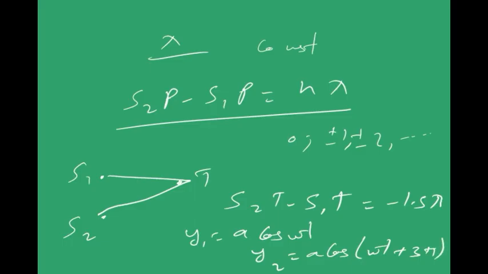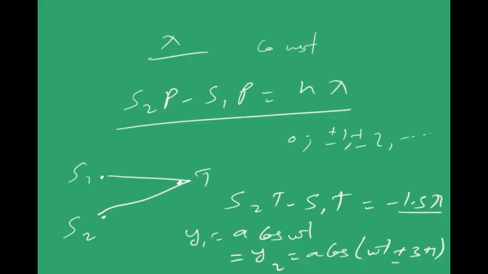Got it? Because 1.5 times the wavelength corresponds to a phase angle of 3 pi, and cos of omega t plus 3 pi is nothing but minus A cos omega t, right? So my resultant y1 plus y2 is going to be 0. Since the amplitude is 0, the resultant intensity is also going to be 0. This is known as destructive interference.